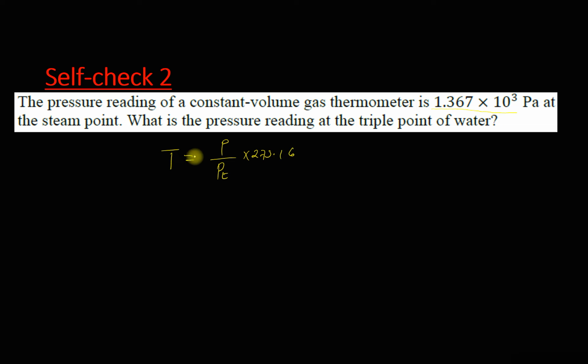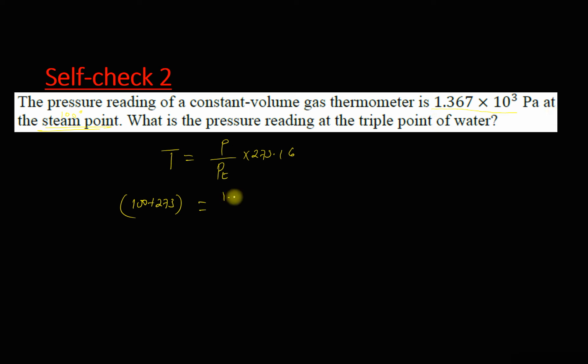So we know that the unknown temperature T is the steam point, which is 100 degrees Celsius, which we change to Kelvin. So this becomes 100 plus 273.